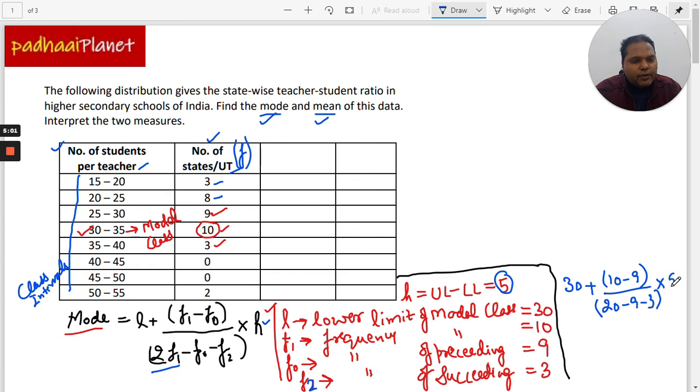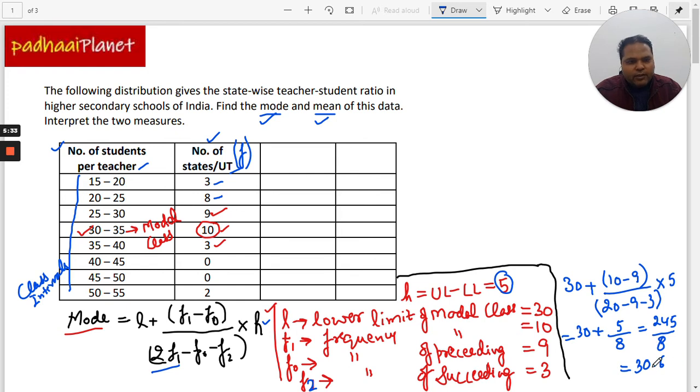Simplifying, we get 1 over 8 times 5, so 5 over 8, and finally 245 divided by 8, which is about 30.6.